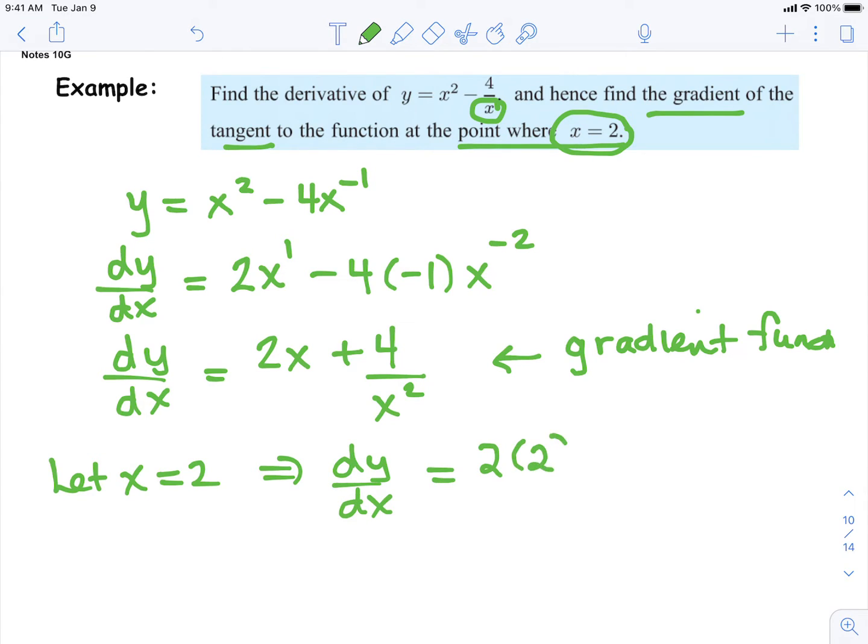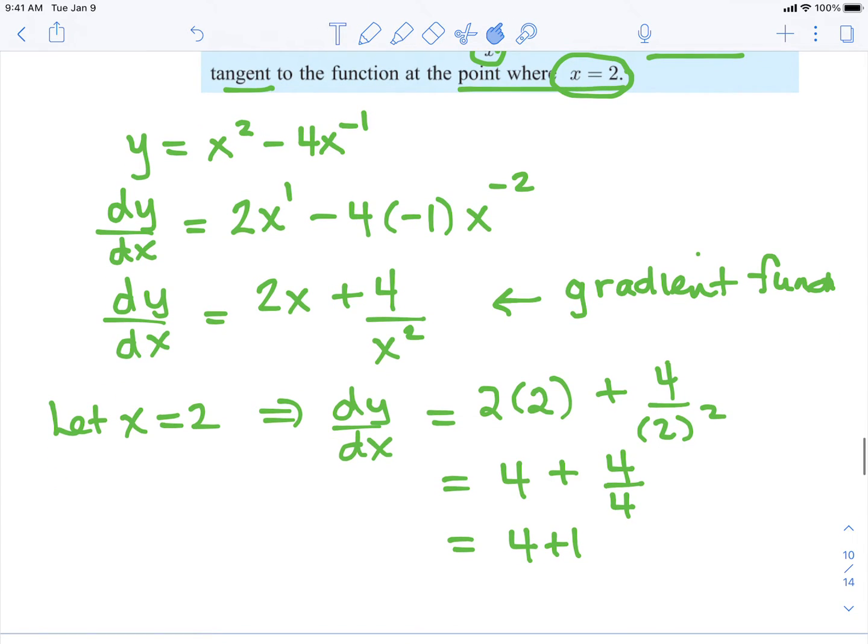So replace the x with 2, and then simplify it. So 2 times 2 is 4, plus 4 over 4, which is 1. So the slope of the tangent line is 5.